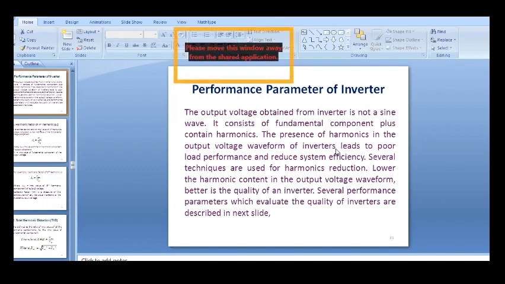Due to the presence of harmonics, the output voltage waveform of inverter leads to poor performance and reduces the system efficiency.